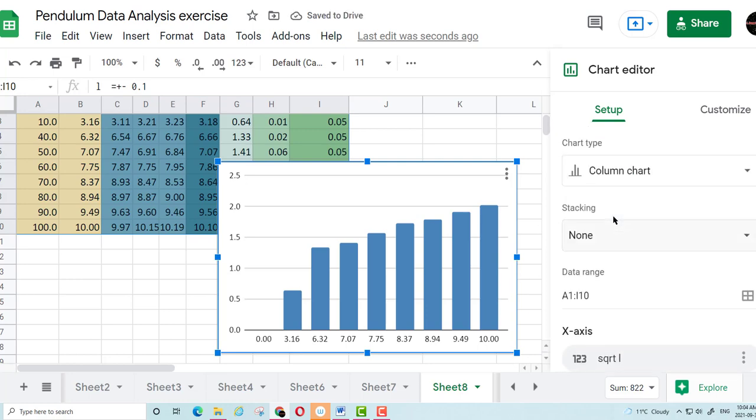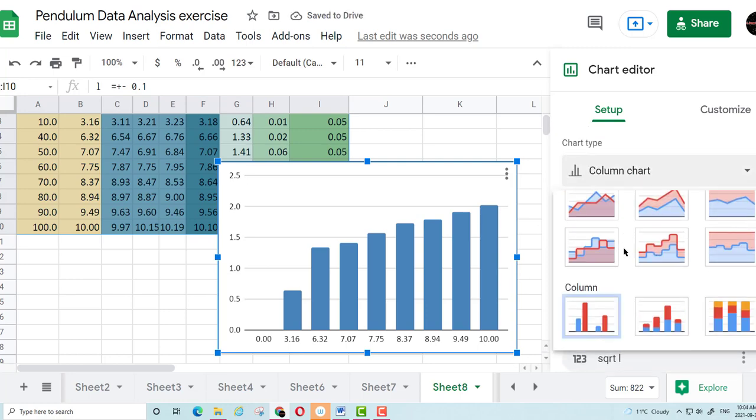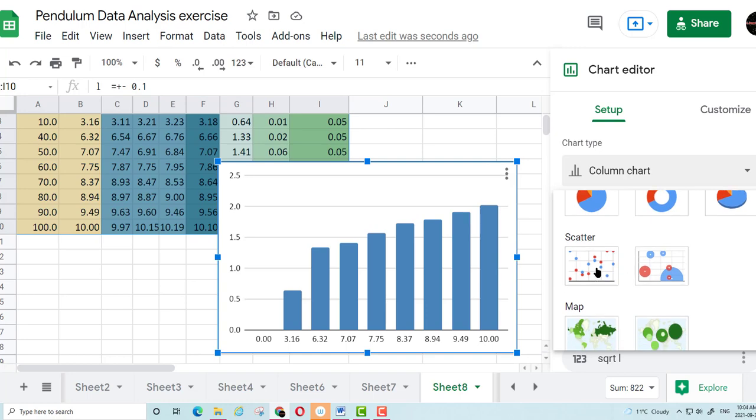And I'd also like to have a scatter graph again.